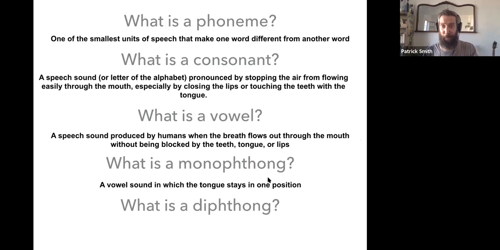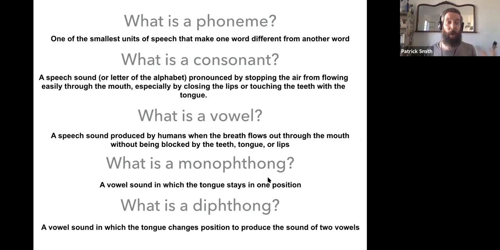Now, a diphthong is kind of like two vowels squashed together. And when we produce diphthongs, because it's actually two vowels together, we have to move the tongue when we make them. So, for example, the word ojo in English, eye, that's a diphthong, isn't it? And if you try to keep your mouth still, you'll realize that it's impossible.